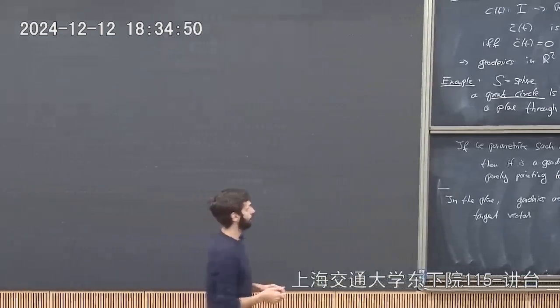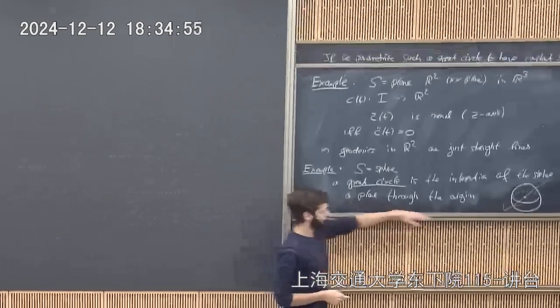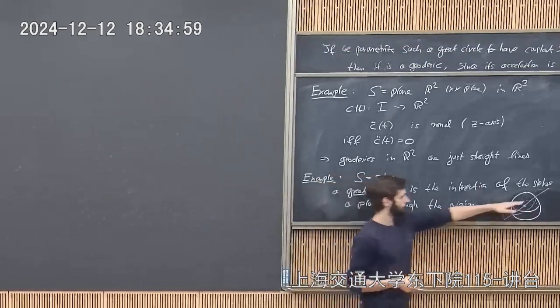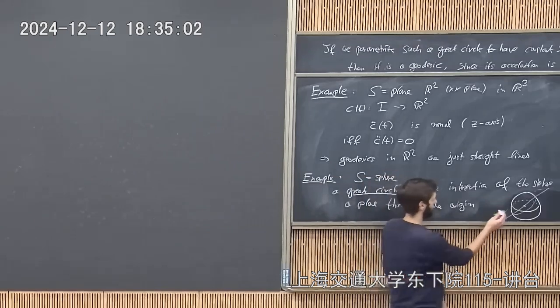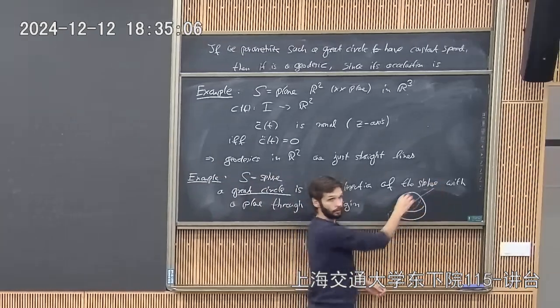But that's clearly not the case, at least not naively, if you look, for example, at the sphere. These were the great circles, but what is the tangent vector of a great circle doing? It starts maybe up here and then it just rotates around.